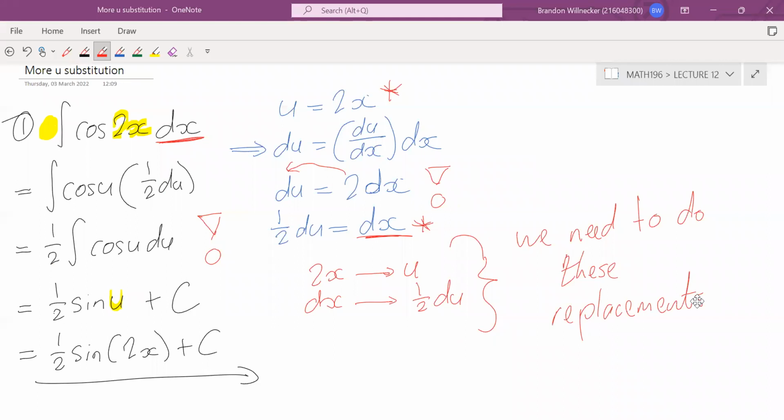After doing the replacements, we see that the integral becomes much easier to do. But remember, once you've solved it in terms of u, we always need to go back to x, because that's what we started with. You can't leave your answer in terms of u. Any questions before we carry on?